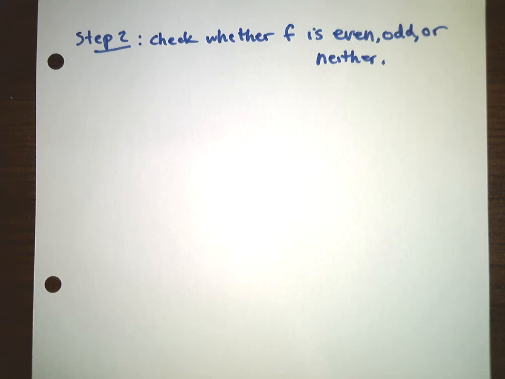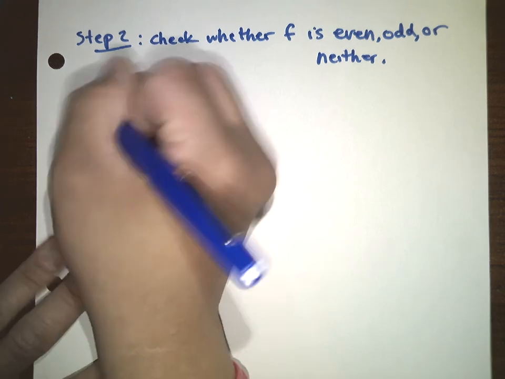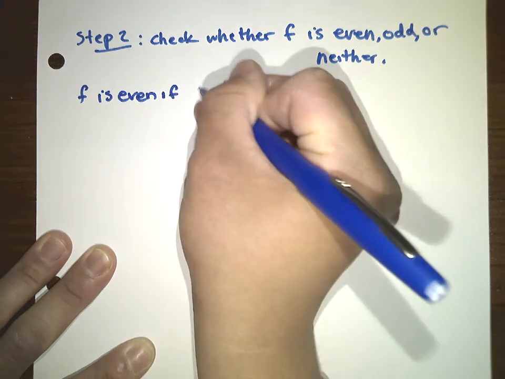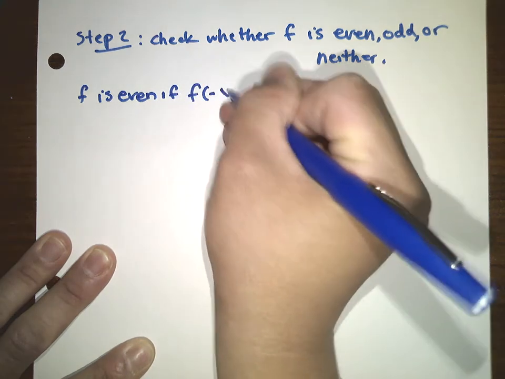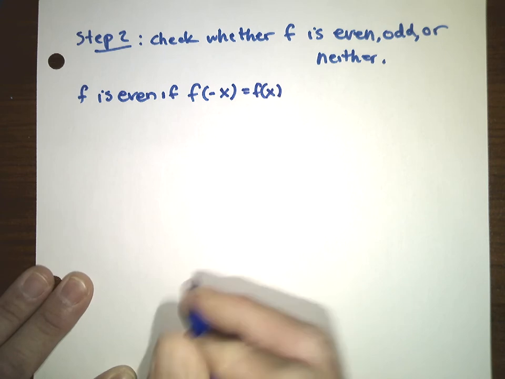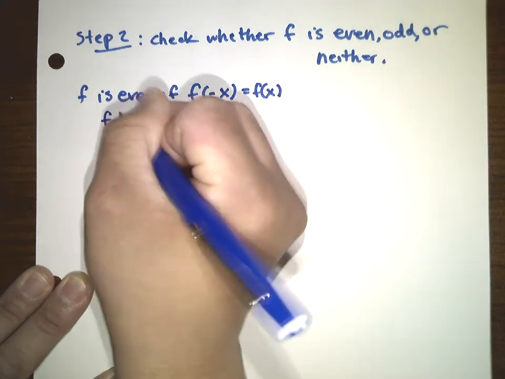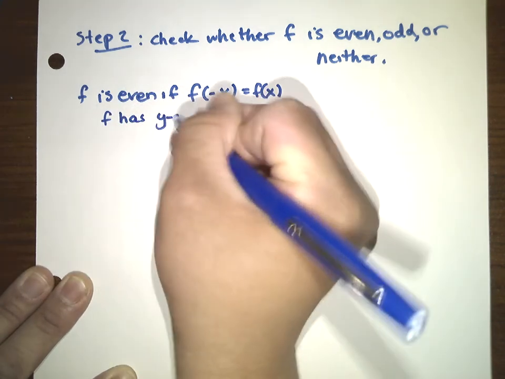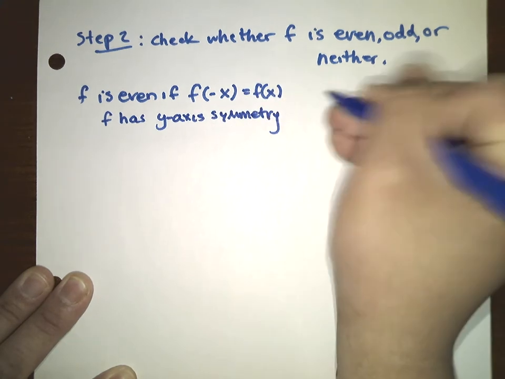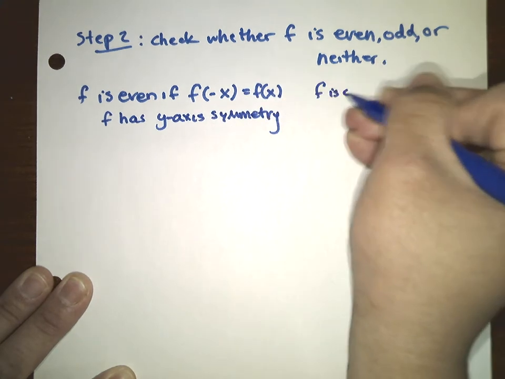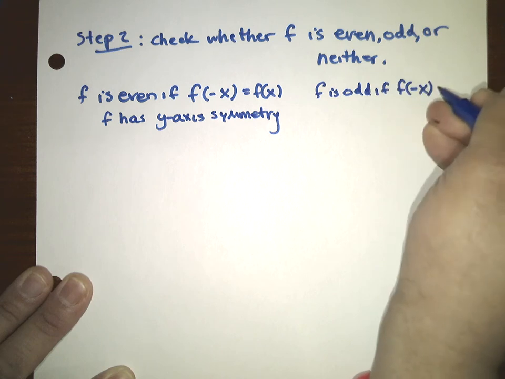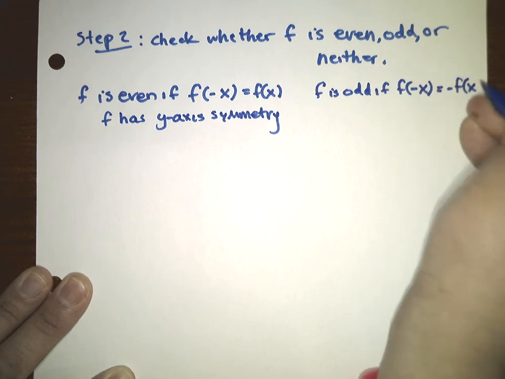All right. So remember that a function is even if f of the opposite of x is equal to f of x, meaning that f has y-axis symmetry, right? And f is odd if f of the opposite of x equals the opposite of f of x.